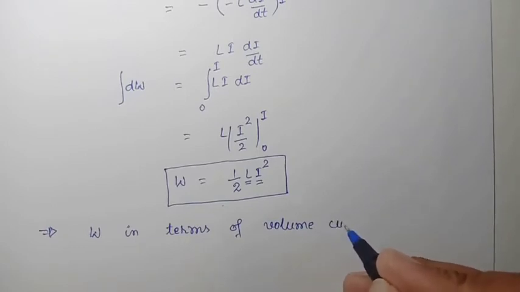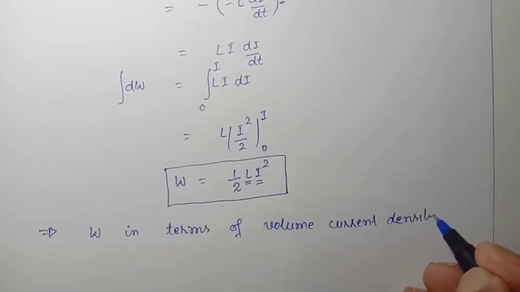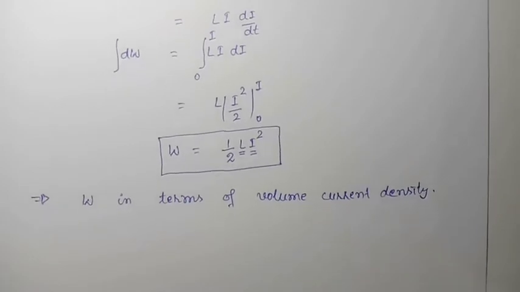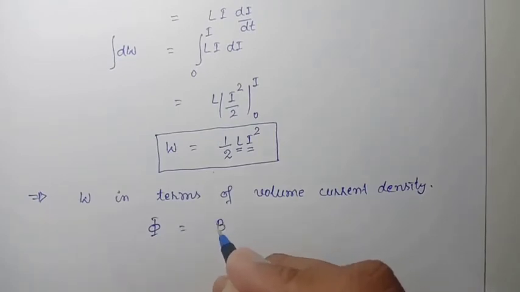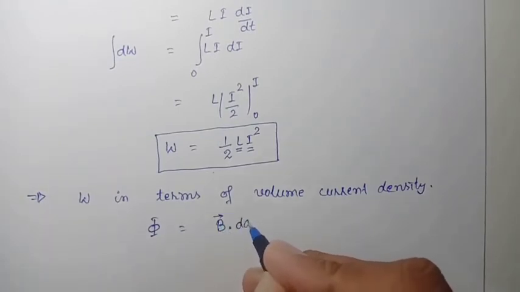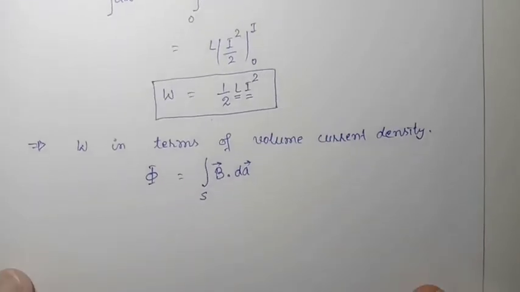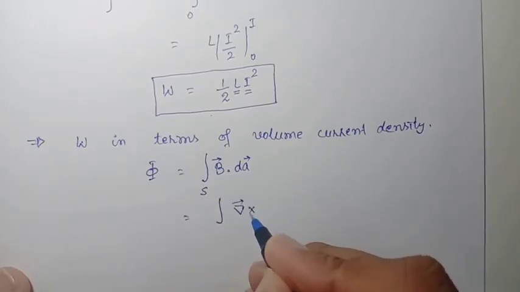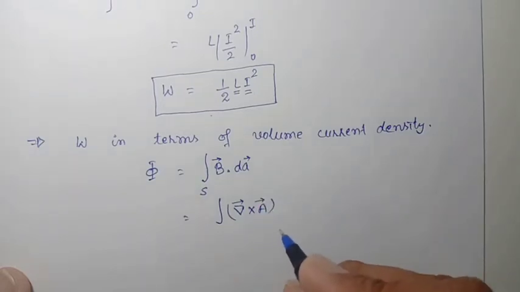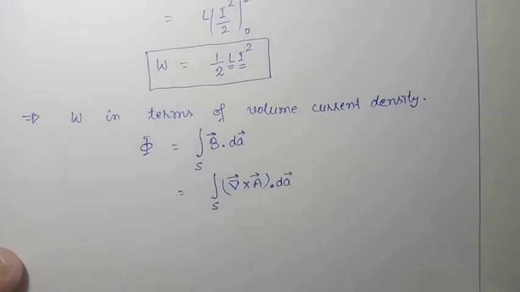Now we know that flux phi is equal to the surface integral of B dot dA, and B we can write as the curl of the vector potential A, again with a surface integral.